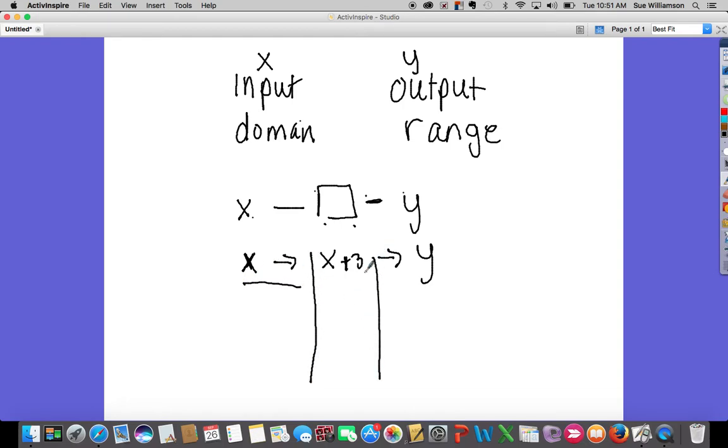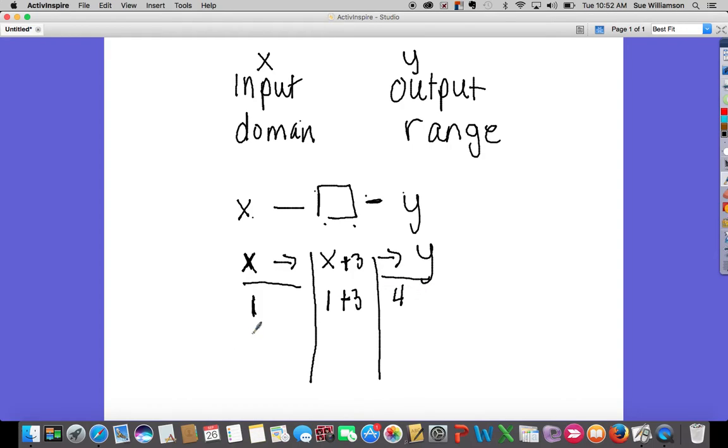Think about it this way. If I have an x and I plug it into this rule, x plus 3, I'll get an output of y. So assume that x is 1. If I substitute 1 in for x, then I would have 1 plus 3, which is 4. So every time I put a 1 in for x, my output, or my y, would be 4.